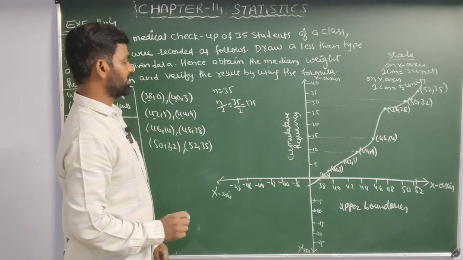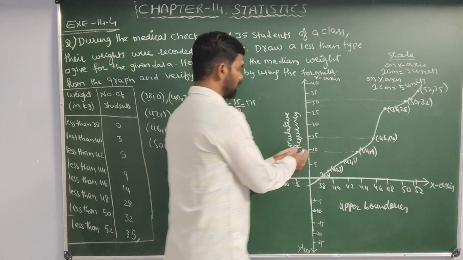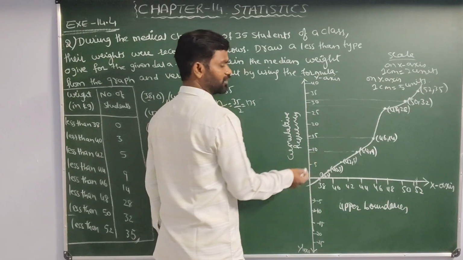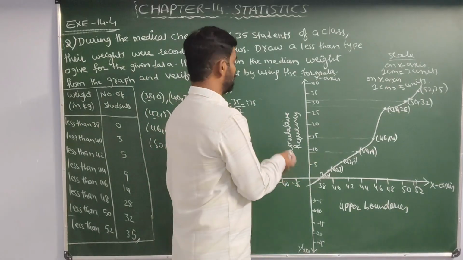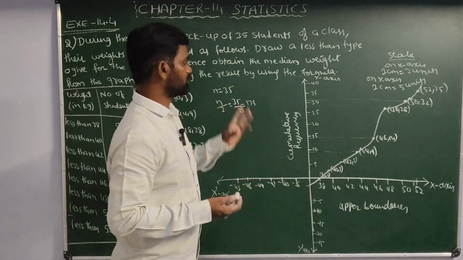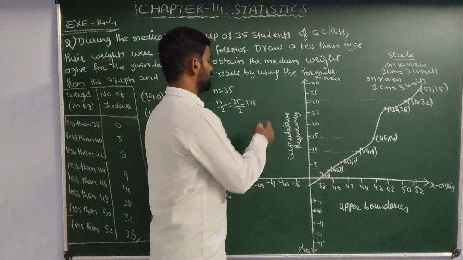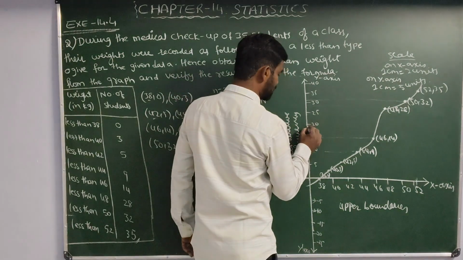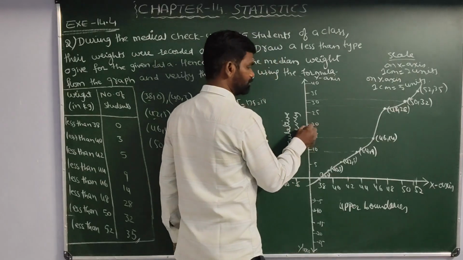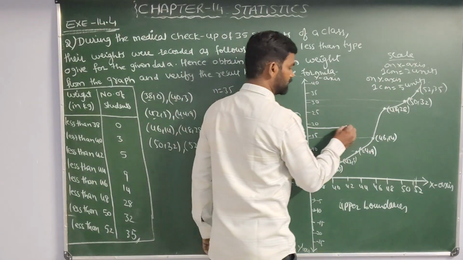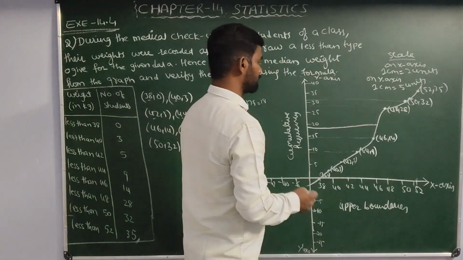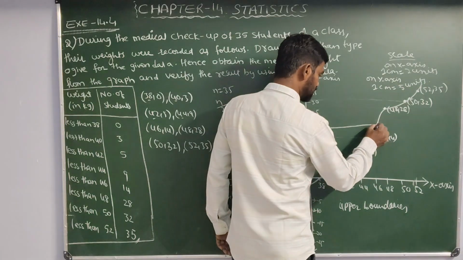Okay. 17.5 we have to search in the cumulative frequency. Where is 17.5? Let us take 18, because in the graph we cannot find 17.5. So let us take this as a round figure, 18. So 18 will be here. Now take a scale and draw a line like this from the y-axis.